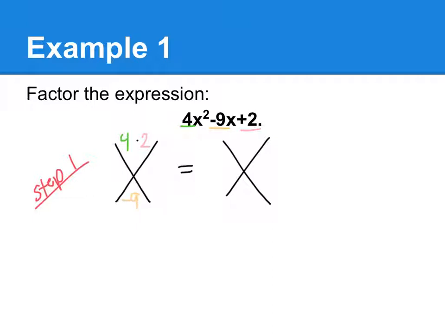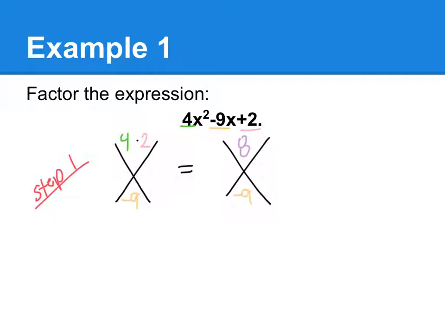If you think about it, when we had a 1 instead of the 4, it was still 1 times 2. So actually, we kind of lied to you. It's always going to be the first times the last that goes on top. So 4 times positive 2, in this case, is 8. Negative 9 goes at the bottom.